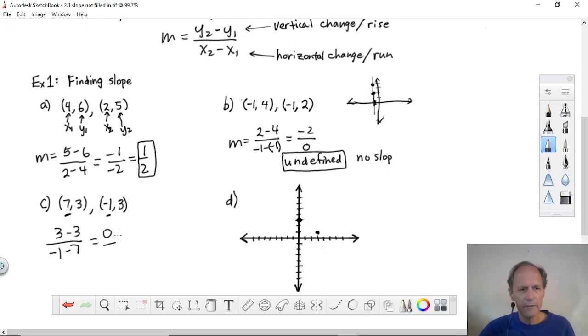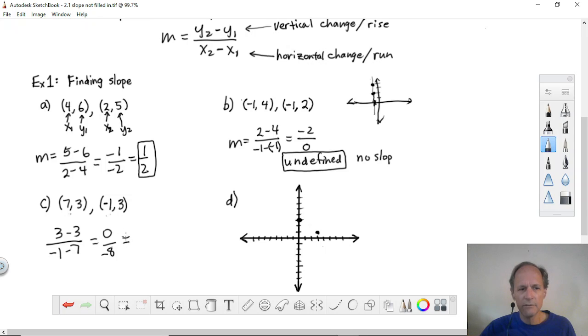The bottom, that gives us, on the bottom, we get negative 1 minus 7, which is negative 8. So we know what that is. That's not undefined.